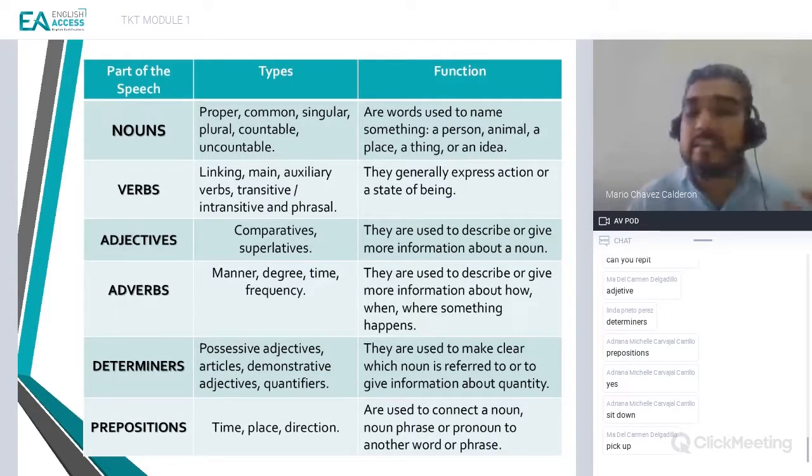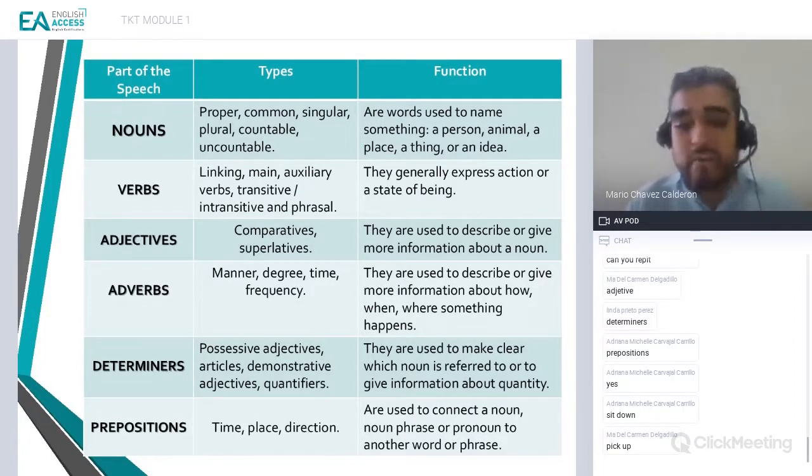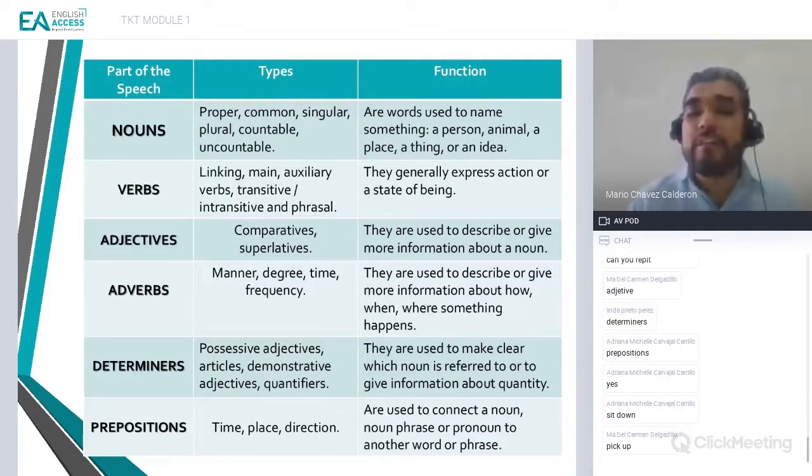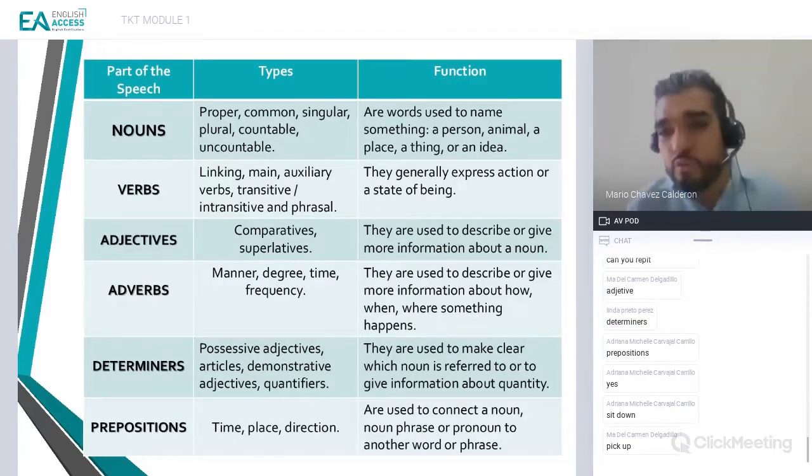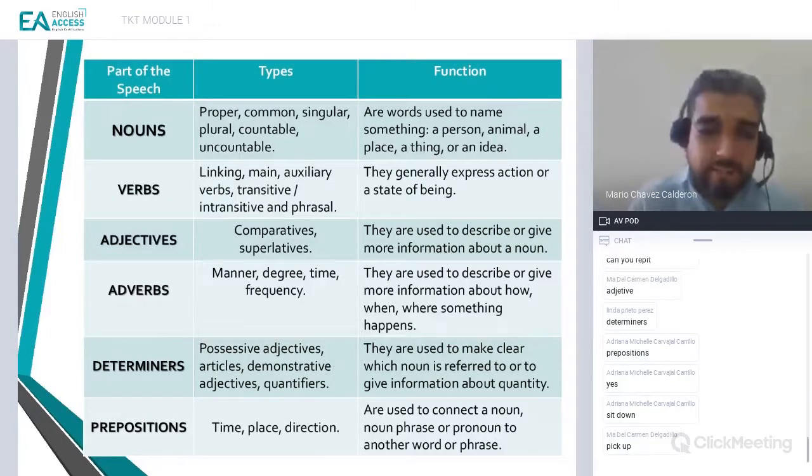And then we have the determiners. Determiners are used to make clear which noun is referred to or to give information about quantity. For example, the possessive adjectives: his, her, mine, our, your, those are determiners.